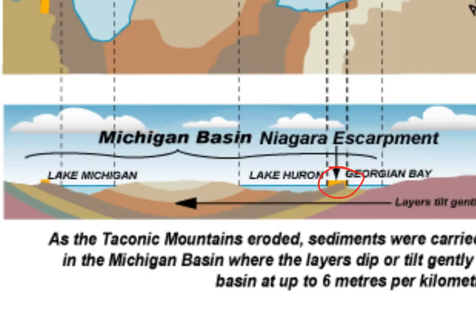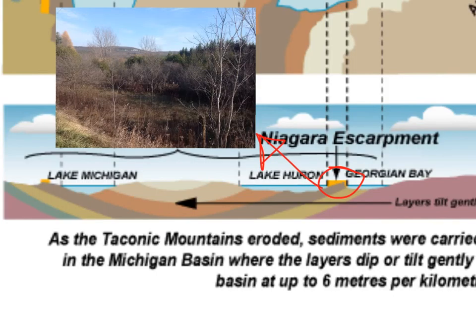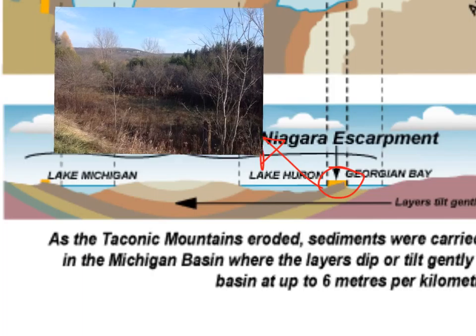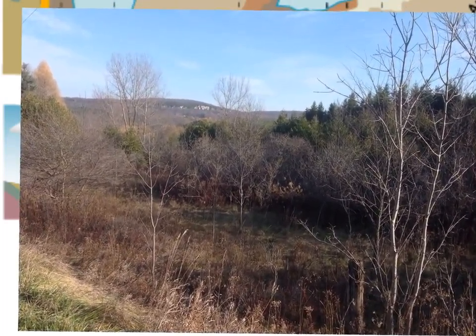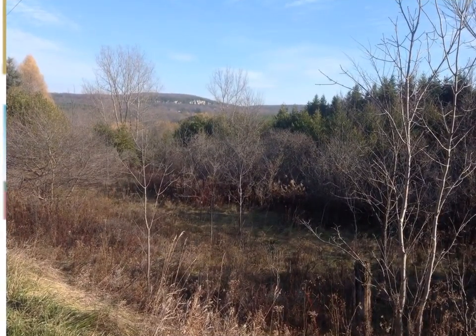So this area right here looks like this type of landscape. If I zoom in a little bit, you can see that the layer right here is the outer edge of that Michigan Basin, and it's the dolomite rock that's harder than the surrounding rocks around it, so it stands taller in the landscape.